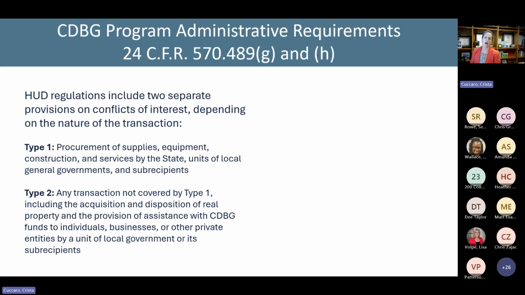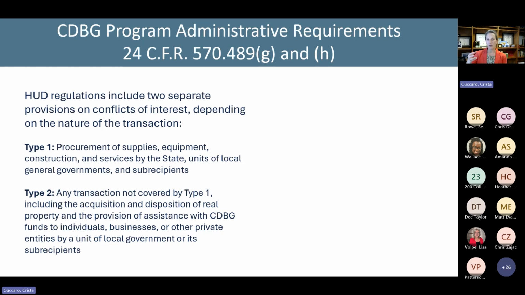We also know that CDBG has its own program administrative requirements related to conflicts of interest. So we find these in 24 CFR 570.489 (g) and (h). The way I read this section, there are two separate conflict of interest provisions depending on the nature of the transaction.